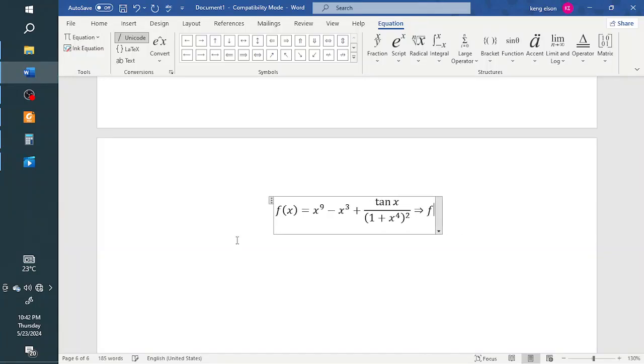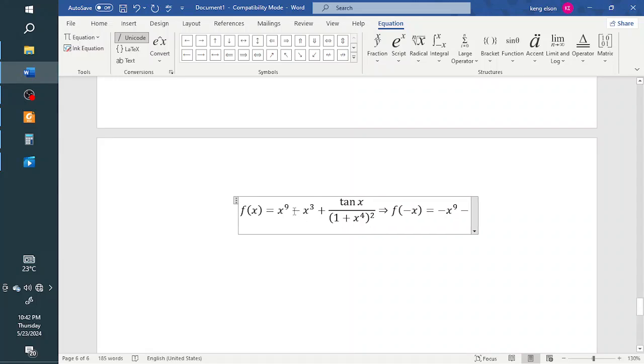F of -x is equal to, if I raise -x to the power 9, since the power is odd, I'll have -x to the power 9. Then minus, if I raise -x to the power 3, since the power is also odd, I will have -x cubed.